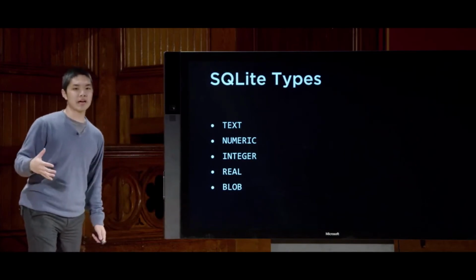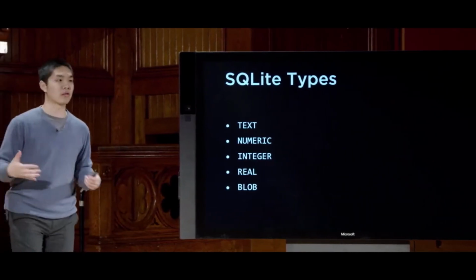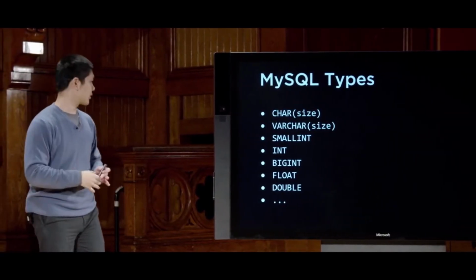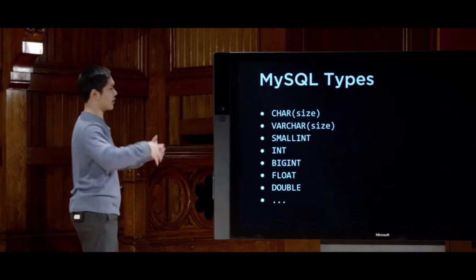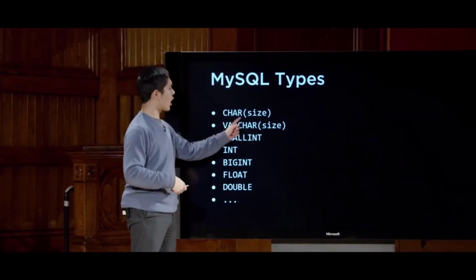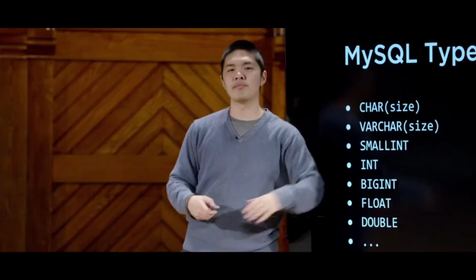But other database management systems have other types that they support as well. MySQL, for example, has a much longer list of other types that it supports. In addition to just supporting a text type for arbitrary length text, MySQL also has a type called char that takes an argument of size, for saying I want like size characters worth of data that we're going to store inside the database.